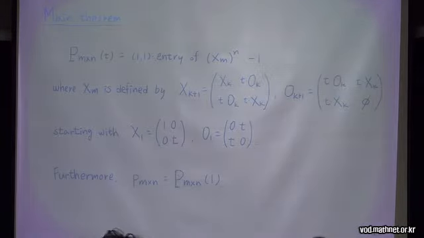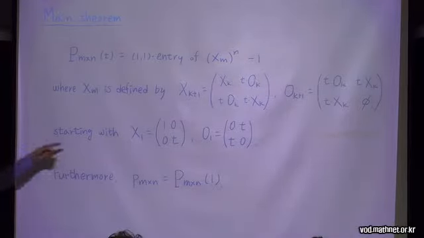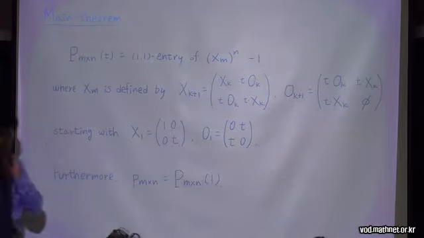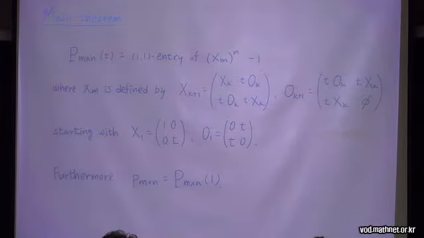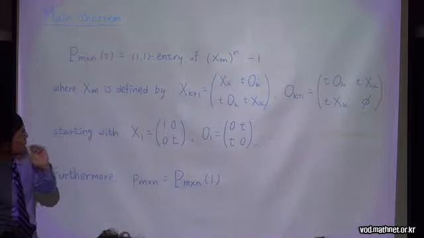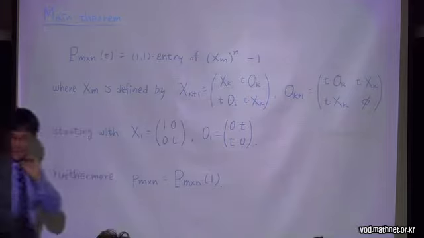So here's the main theorem. We found an algorithm to find the generating function directly, but it's quite a heavy matrix. First, start at this x1 and o1, that's a 2 by 2 matrix. And we get some xm and om by using these recurrence relations.